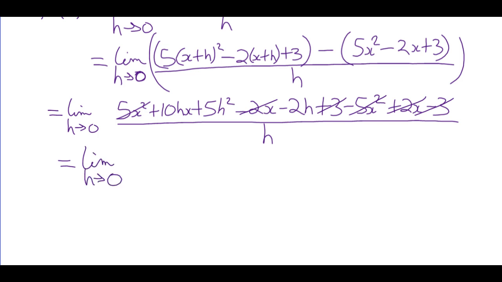Everything gets divided by h, and we get 10x plus 5h minus 2. And now h approaches 0, so what are we left with? 10x minus 2, right?